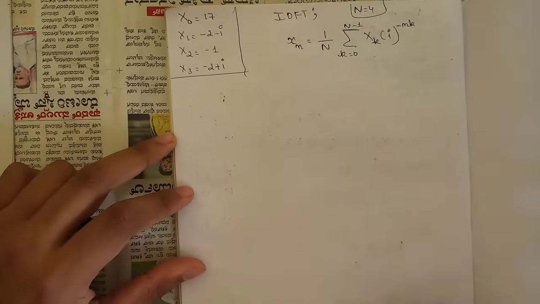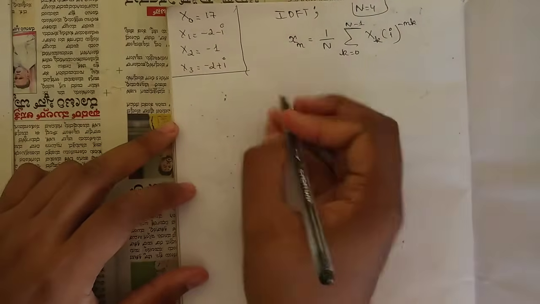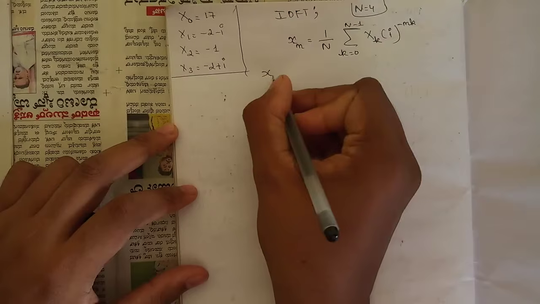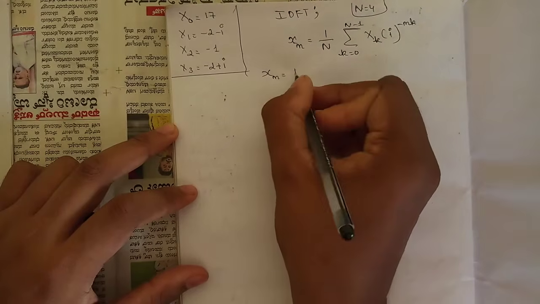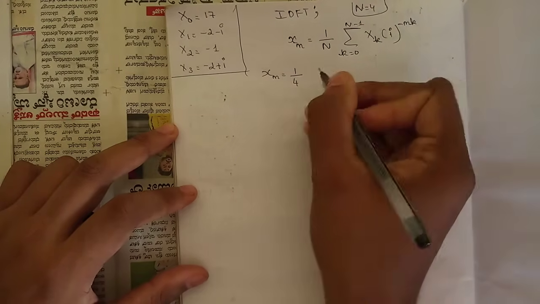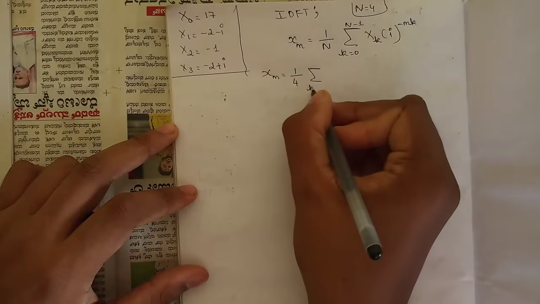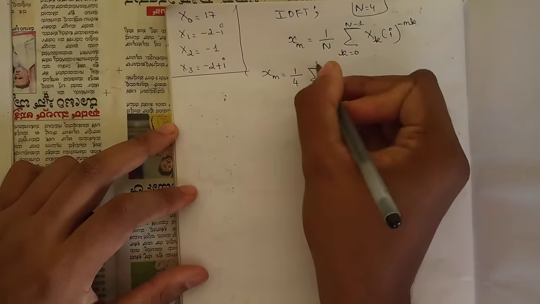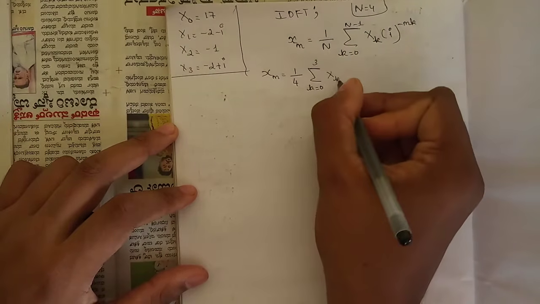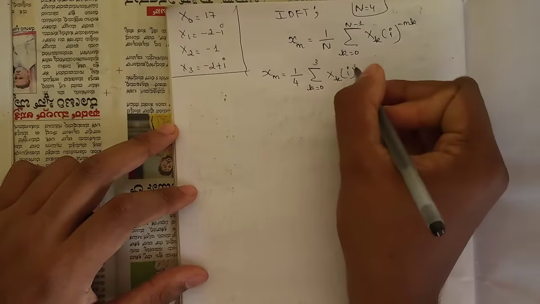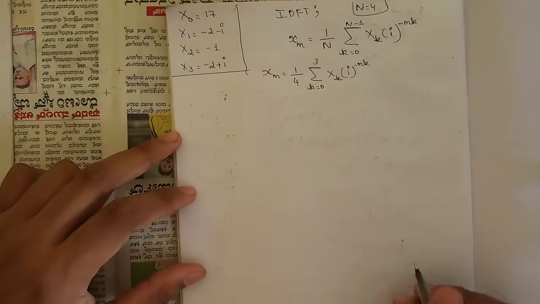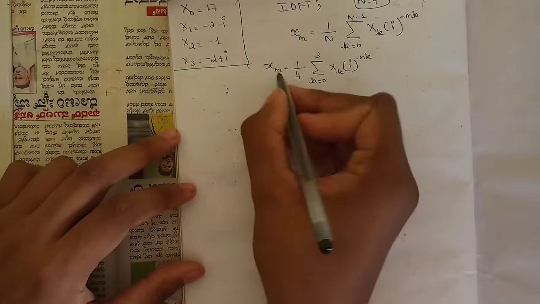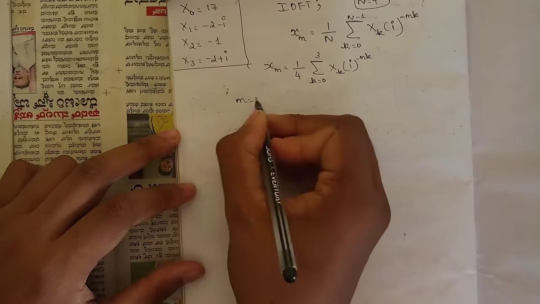So the same thing again we are going to apply. xn is equal to 1 by 4, summation of k equal to 0 to 4 minus 1 is 3, Xk, i to the power minus nk.